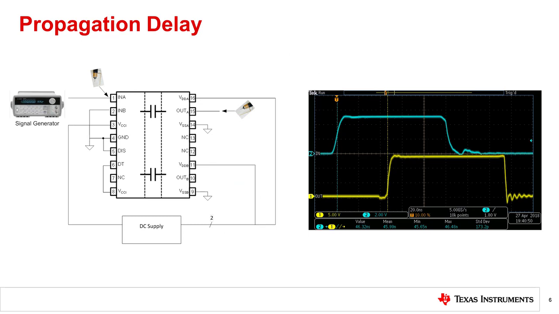To measure typical propagation delay, an oscilloscope probe with a low inductance ground sheath should be placed at the input pin and the output pin. The probes should be compensated beforehand, and both the probes and the oscilloscope should have sufficient bandwidth to measure the rising and falling edges of both the input and the output.